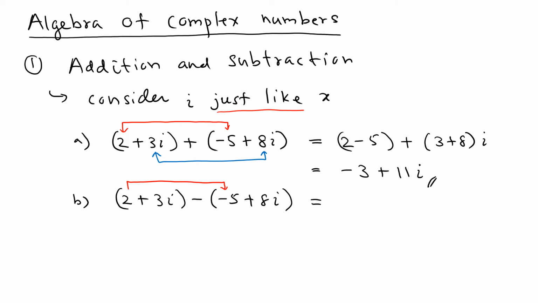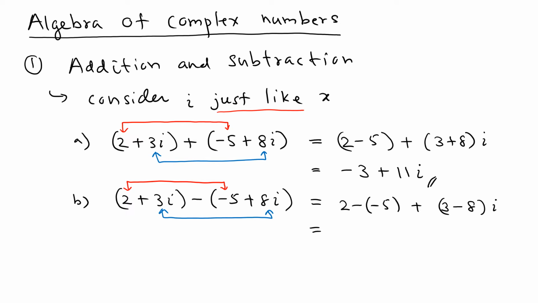You can see it is 2 minus negative 5. So we subtract, and then plus, and then we also subtract the imaginary part as we did for the addition. So that means you're going to get 3, and then you subtract 8, and then i.